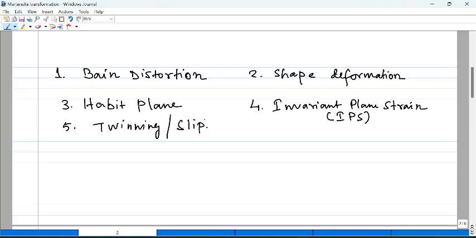So what we are talking about here, as I said before also, is a change in the crystal structure from FCC to BCT, but without the aid of diffusion.